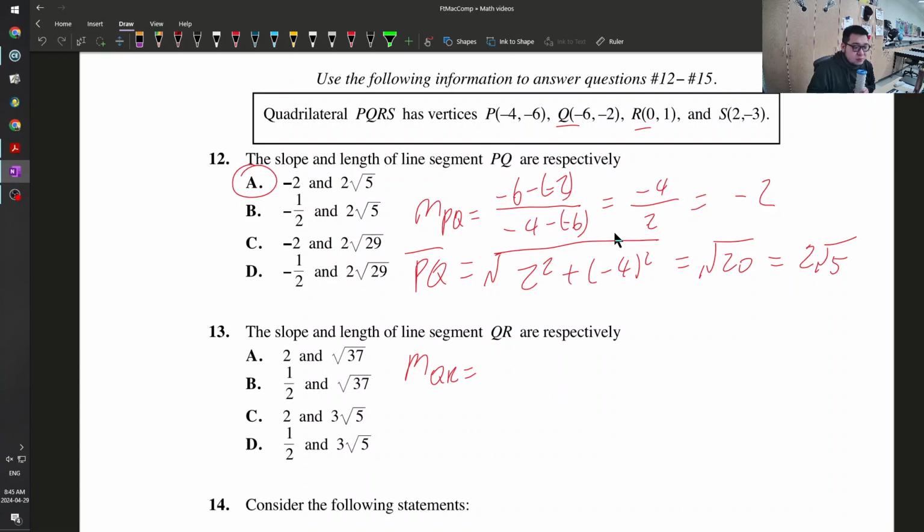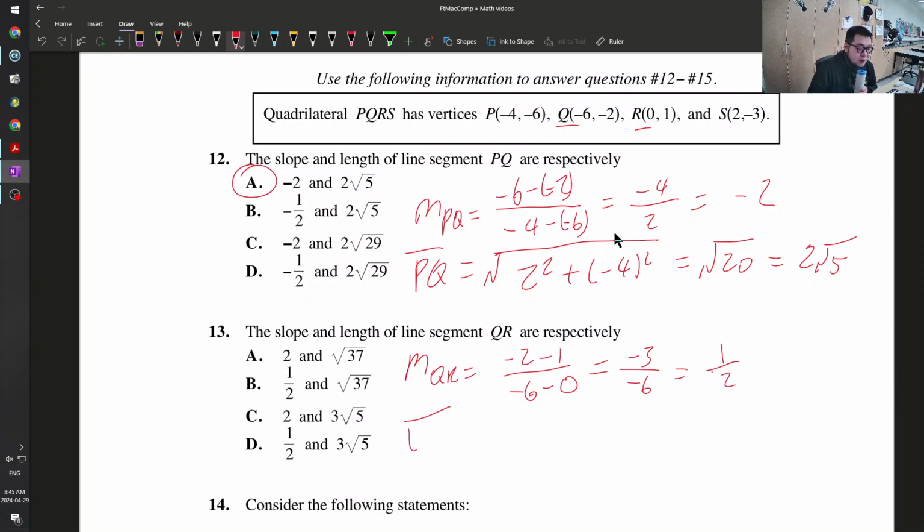Oh, whoops, I did it wrong. Y2 minus y1: negative 2 minus 1 over negative 6 minus 0. So I have negative 3 over negative 6, which is equal to 1/2.